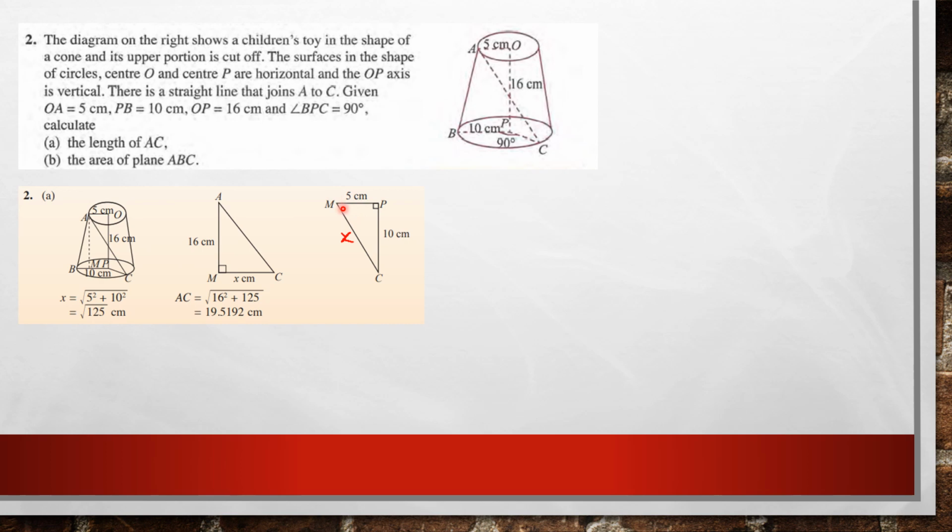So from there you find the value of X, that is MC. So you get the square root of 125. Then when you get MC here, you know AC is 16. So again you use Pythagoras theorem to find AC. So you square 16 squared plus 125, you get 19.5192.